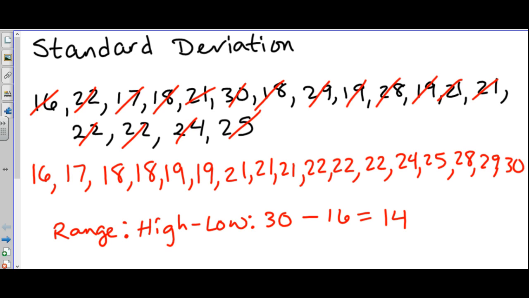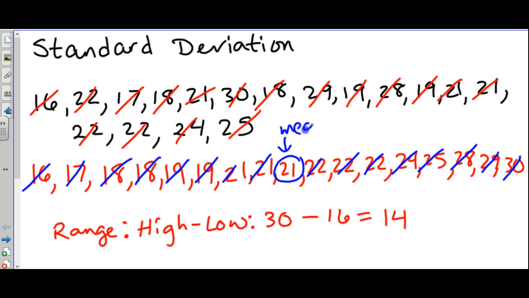For me, the easiest way to find the middle is to cross off the first, then the last, and then I move on to the next one, the second and the second to last, the third and the third to last, fourth to last. I keep going until there are either, sometimes there's two numbers left, sometimes just one number left. In this case, there is only one number left, and that is called the median.